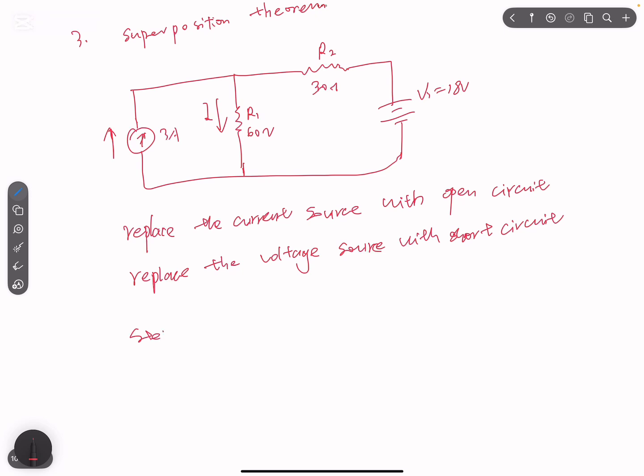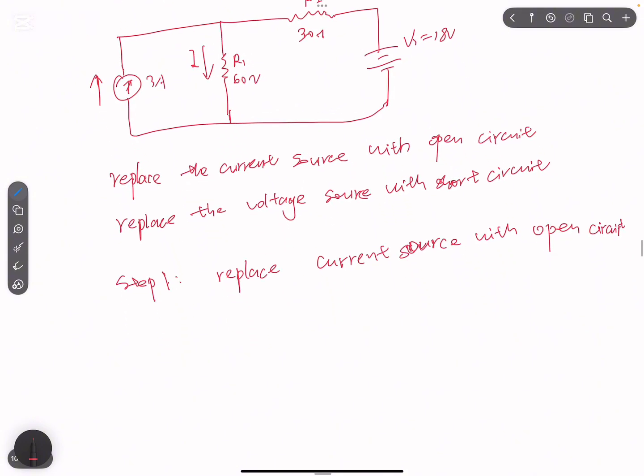So step 1, we replace the current source with an open circuit. Then after that we will have, so that's open here.